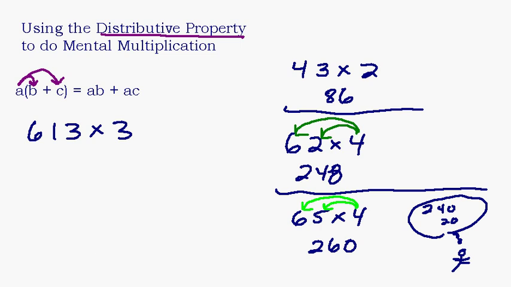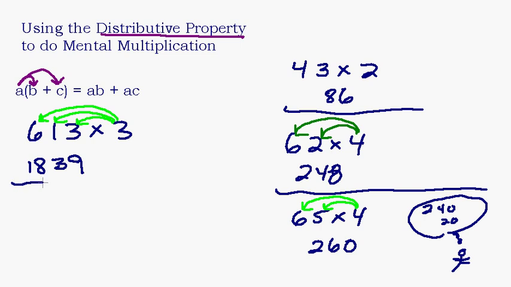All right, let's see what you got. 3 times 6 is 18, but this is 600. So it's 1800. 3 times 10 is 30. 3 times 3 is 9. 1839. Just like that. Good job.